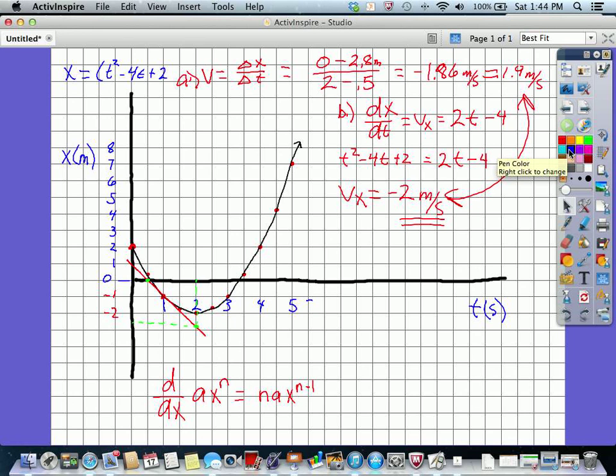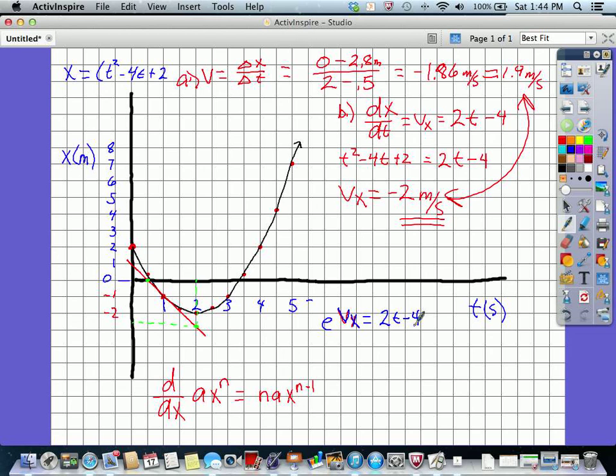Well, we know the velocity in the x direction, so this would be part E, I guess. The velocity in the x direction is equal to 2t minus 4. I know the velocity, so let's solve this for t.